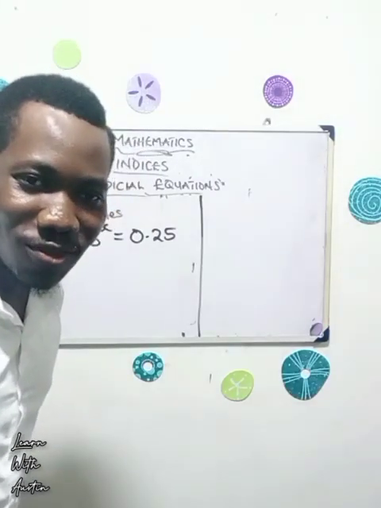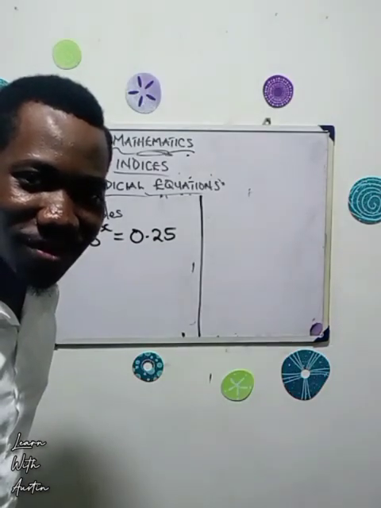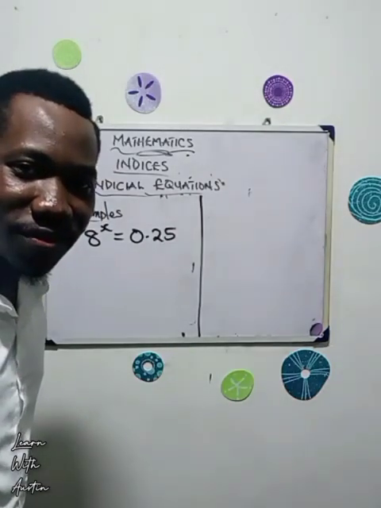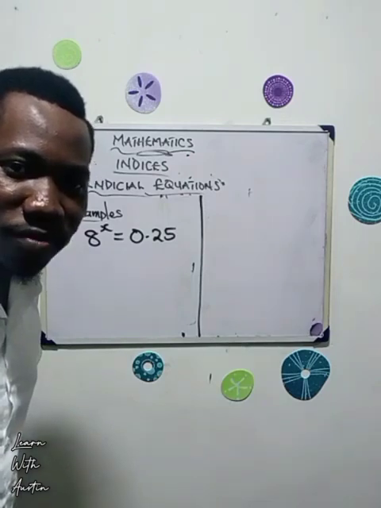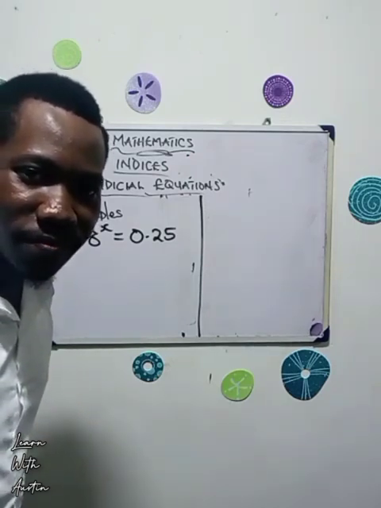Michael says 0.03. AY says -5. Omni says 256. Really? Okay. Aisha says 2. Prime says 0.03125. Wow. Alfonso says -2/3.